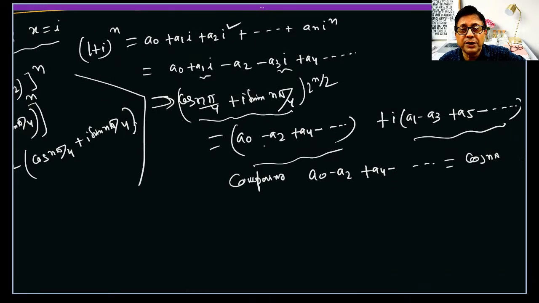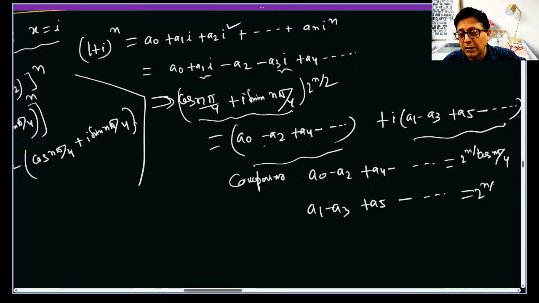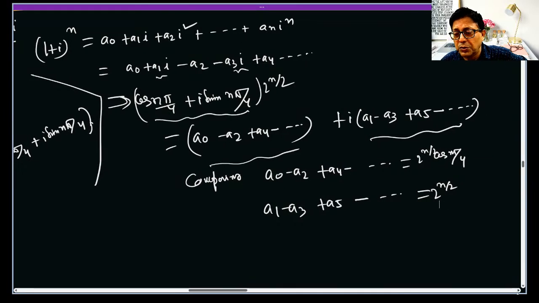So this thing is going to be 2 to the power n by 2 cos n pi by 4, and this part 2 to the power n by 2 sin n pi by 4. Okay, done.